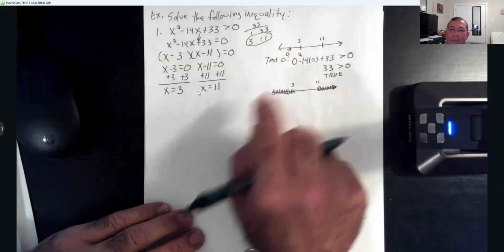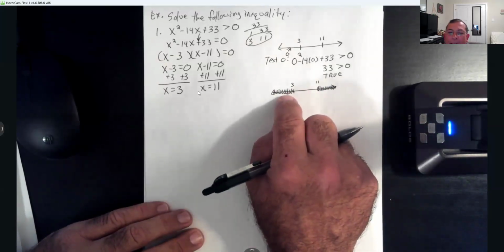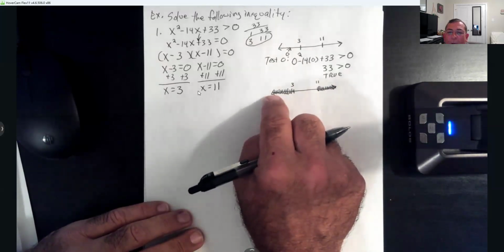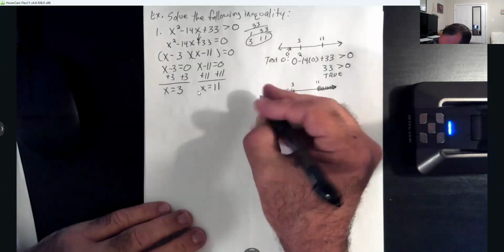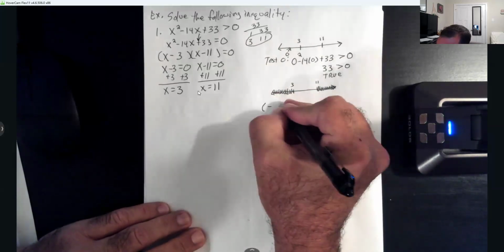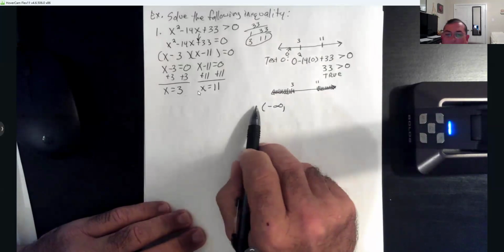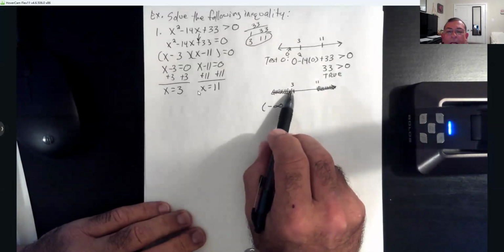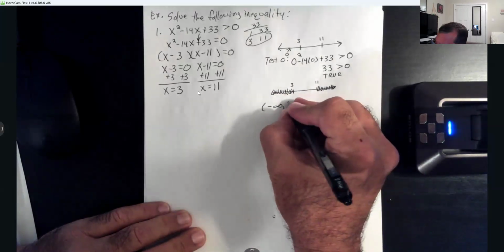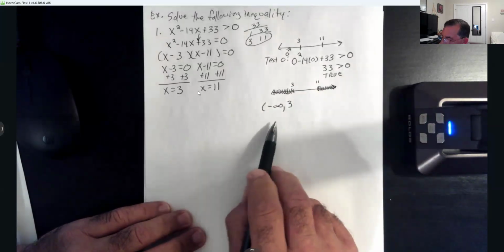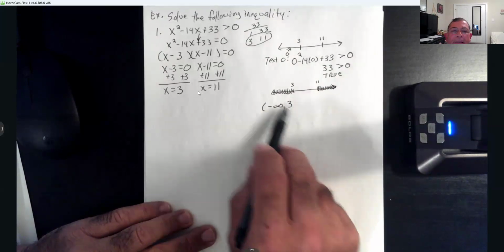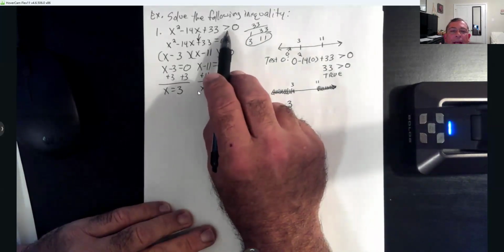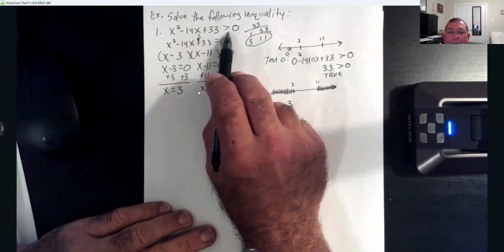All right, so now write the answer in interval notation. When you're highlighting the ends like this, the left side's going to come in from negative infinity and go until you hit that 3. Now, do I want a square bracket or a curvy parentheses? Well, y'all, I got a greater than. It does not have equals under it.